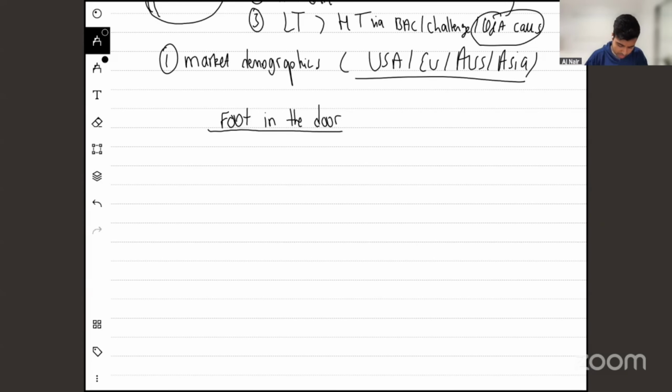Got it. Okay, so let's talk about these two foot in the door. Foot in the door is typically any service, like what you mentioned. So, if we talk about email, again, it's okay, spam.